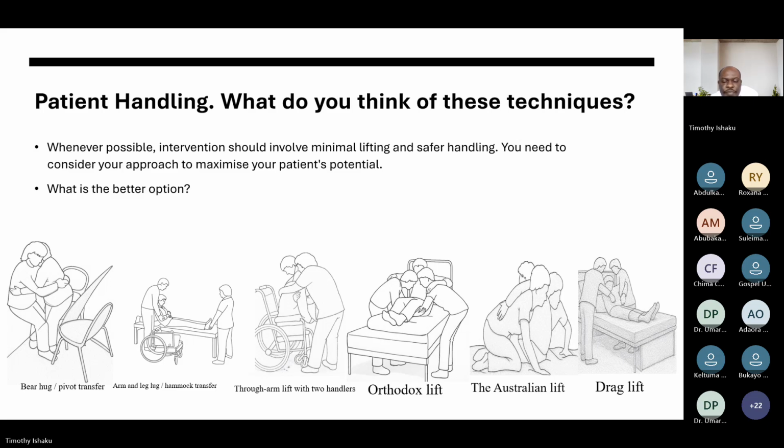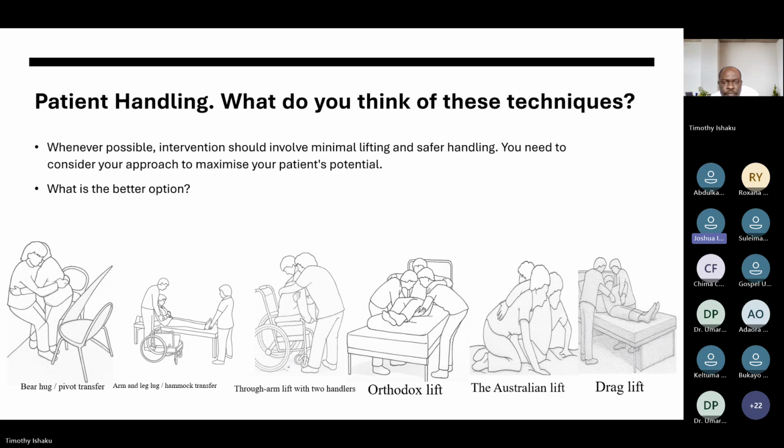Yes, hello. I think most of the diagrams we have here, most especially in a low and middle income environment, are what we are comfortable with, where there is less instrumentation involved in maneuvering patients. For example, in Nigeria now, most of these things are what we are conversant with.